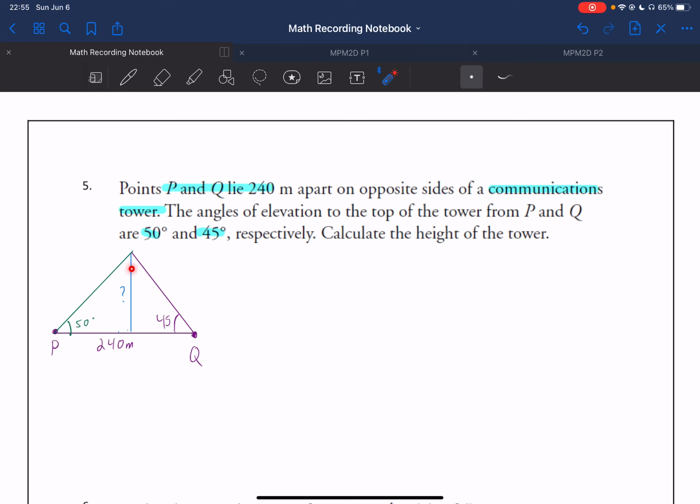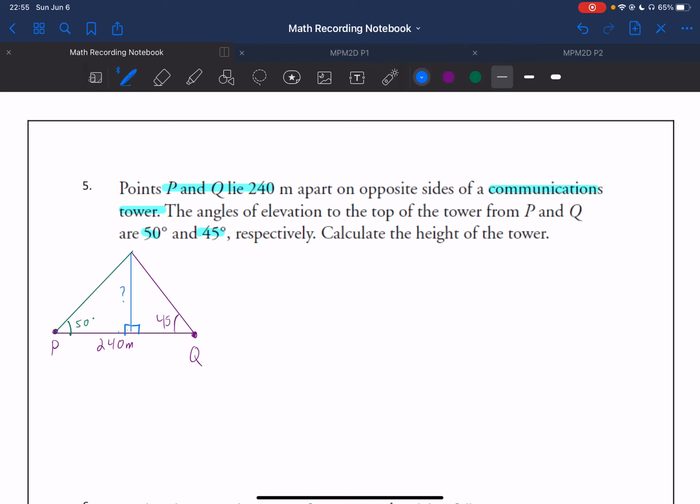Once you find out what one of these sides is, what you can notice is that this line in the middle creates two separate right angle triangles. If you look here, this one's one right angle and this is also a right angle. So at that point, once we have a side here, we can go ahead and use primary trigonometric ratios to find this height.